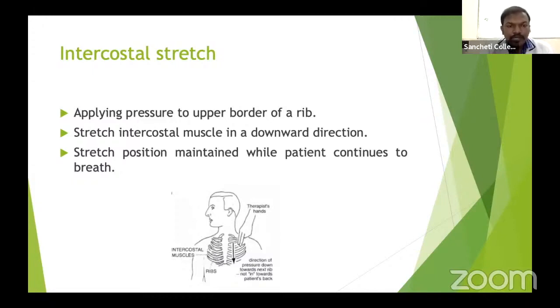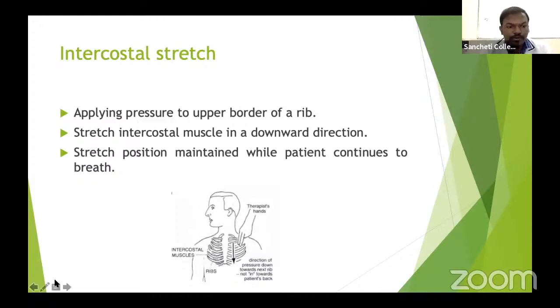You have to apply pressure to the upper border of the rib and stretch the intercostal muscles in a downward direction. Once you have applied the pressure on the upper border and given the stretch in a downward direction to the intercostal muscles, you have to maintain that stretch while the patient is continuously breathing.